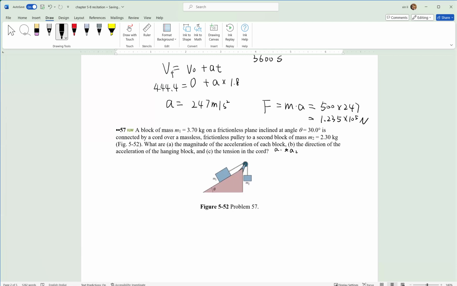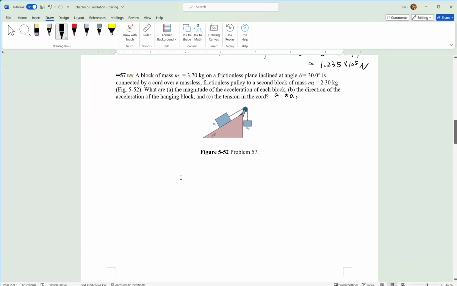So you are going to calculate that. What we are going to do, we are going to do free body diagram first, okay? So take a look at M1. I can do it on the picture here. So this is M1. We are going to have gravitational force, Fg1. We are going to have normal force, Fn.